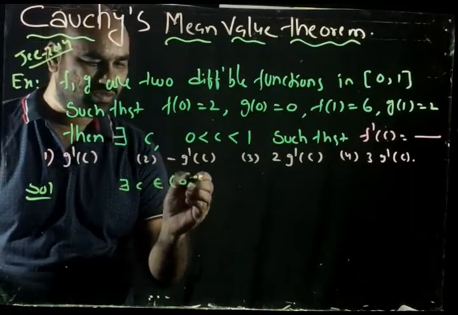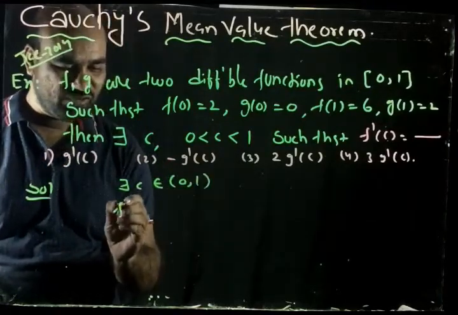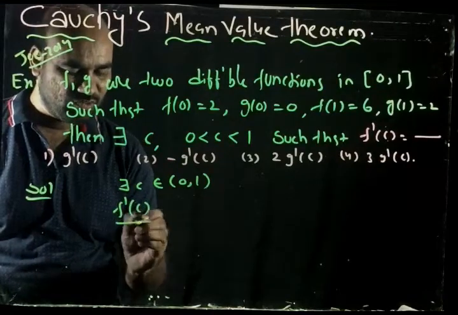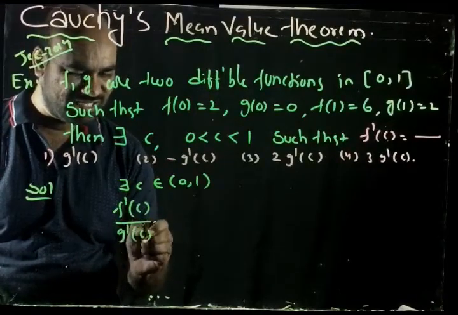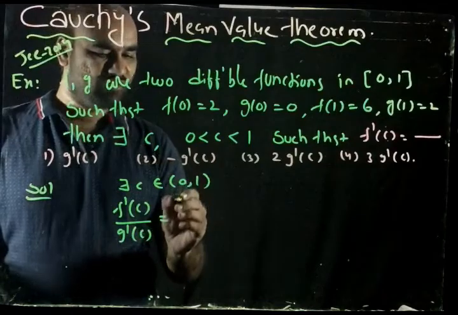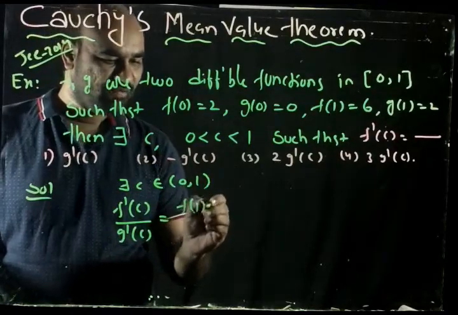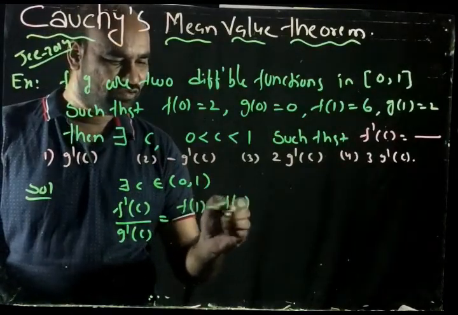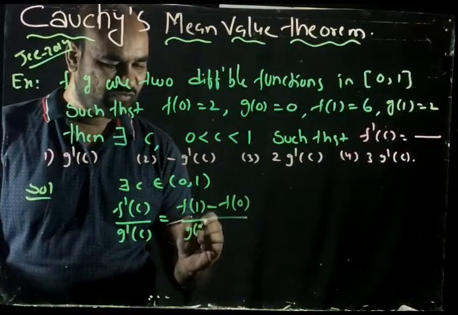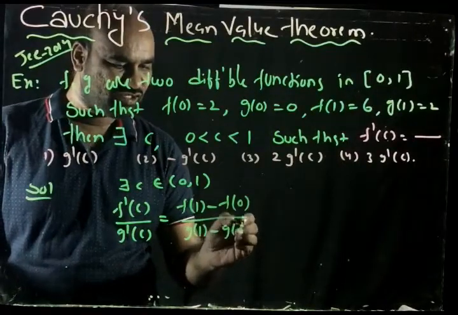belonging to the open interval (0, 1) such that f dash of c by g dash of c equals f of 1 minus f of 0 by g of 1 minus g of 0.